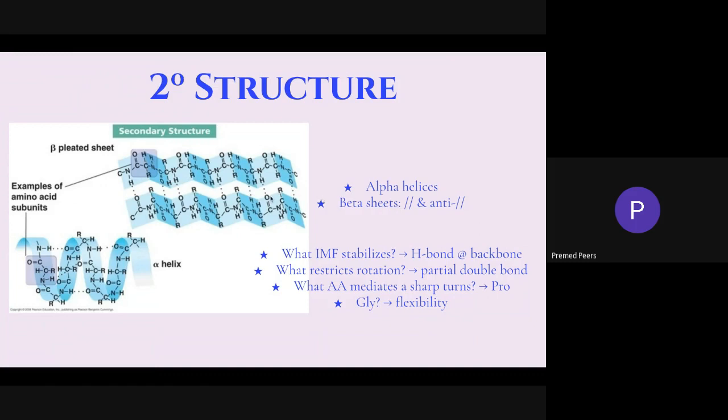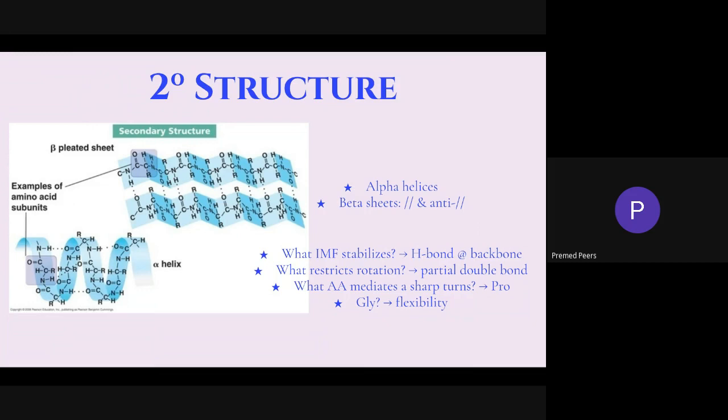And take a look at what holds these two chains of amino acids together. It is not the interaction of the R group, not the side chain. It is actually the backbone itself.